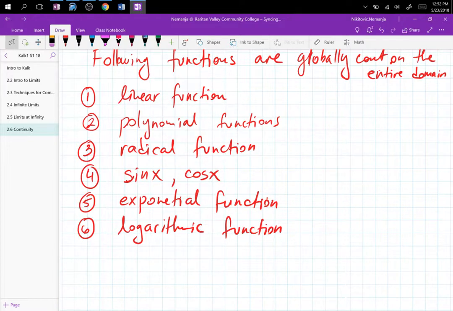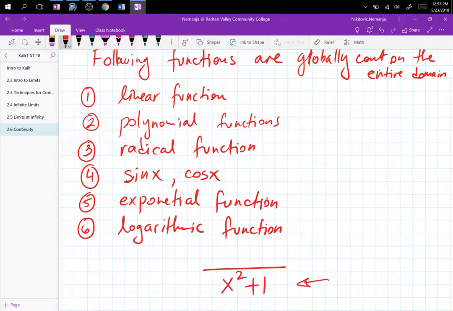Now, rational function, which divides two polynomials, can very easily be discontinuous. As soon as the denominator is equal to 0, it's either an open circle or a vertical asymptote. Now, sure, if your denominator is x squared plus 1, then there's no way to make it 0.